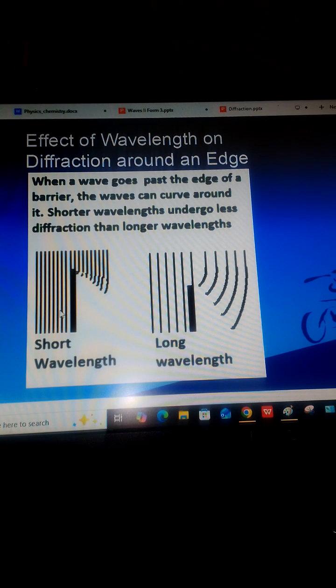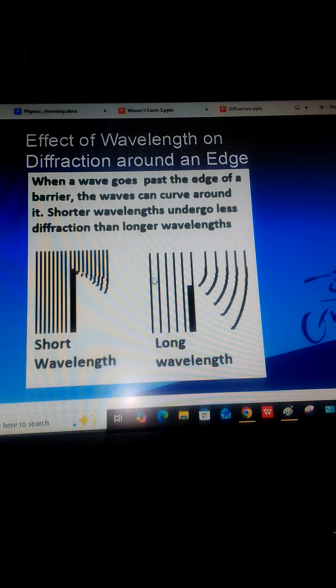So this is a case where the waves have shorter wavelength. Okay, so diffraction here is less pronounced. The spreading out is less pronounced when we have short wavelength. But here, these waves have longer wavelength. So you find that the spreading is much pronounced.